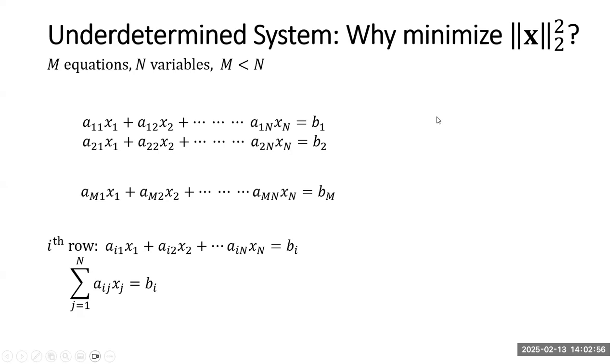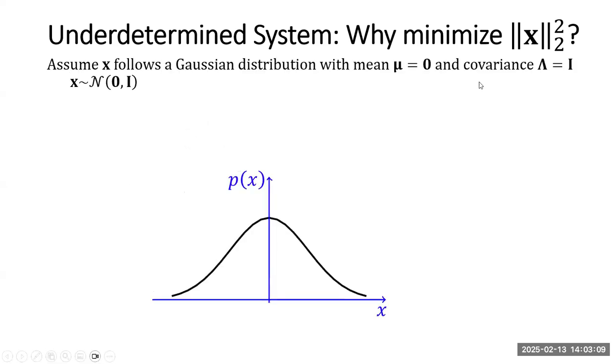It's equally likely to be negative and positive, each of these variables x. So what happens is we assume that each scalar x follows a Gaussian distribution centered around 0, with 0 mean.